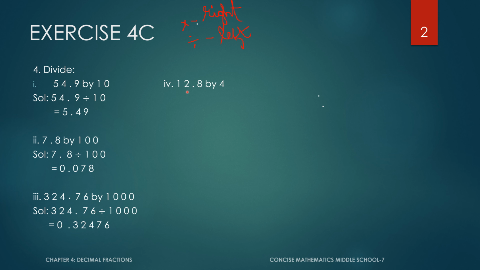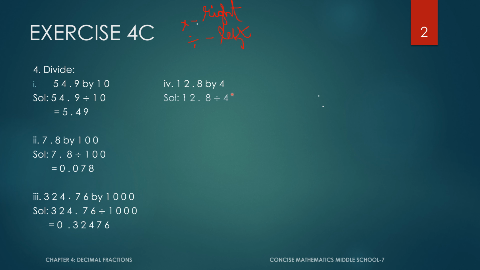Here, this is another problem, a little bit different. 12.8 by 4. Here we are dividing with a normal number, integer 4, right? No zeros or nothing like that. Even 10 is an integer, but here it is no zeros or nothing.